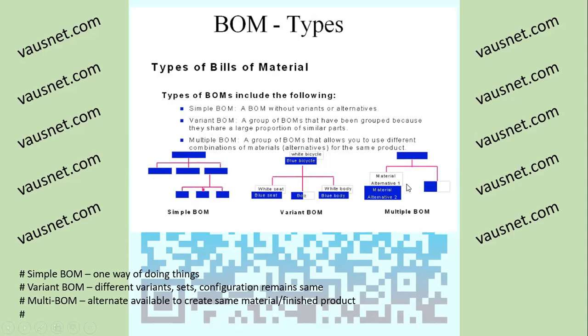Some alternates in automotive will be that some cars or motorbikes are made for different countries, which have different official requirements. So simple BOM is one way of doing things. Variant BOM is different variant sets and configurations. Different variants like colors, features will be different, but configuration remains the same. Multiple BOM alternates are available to create the same material and finished product.